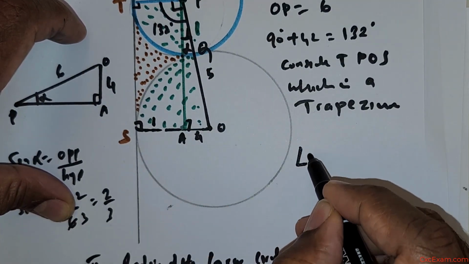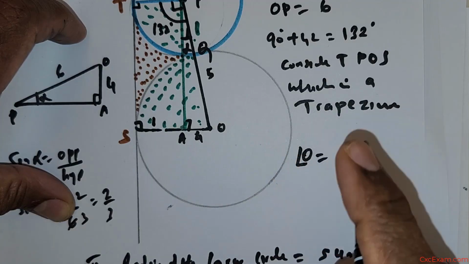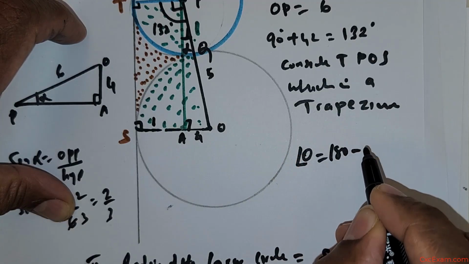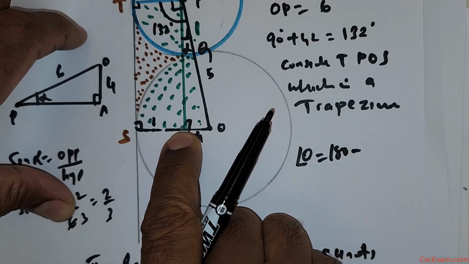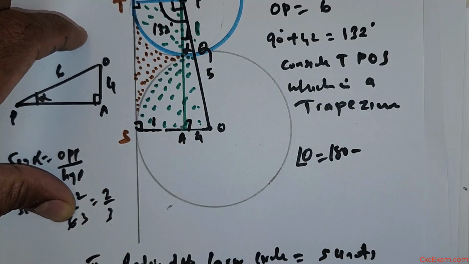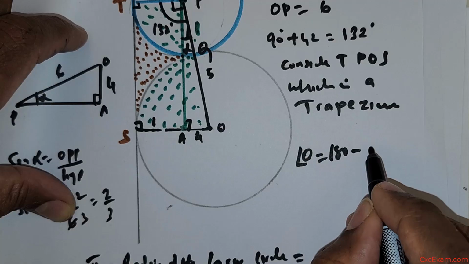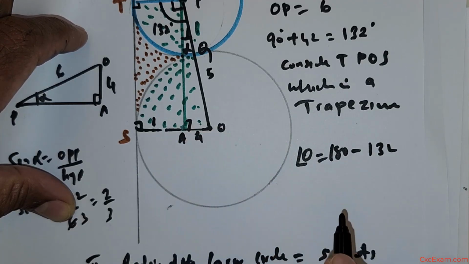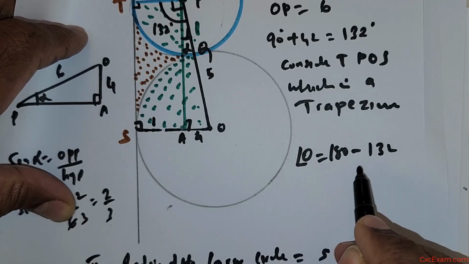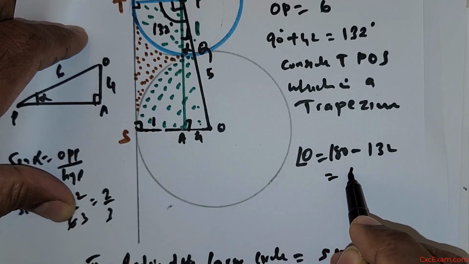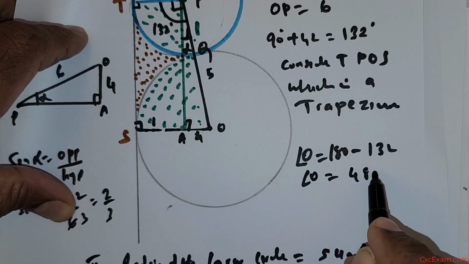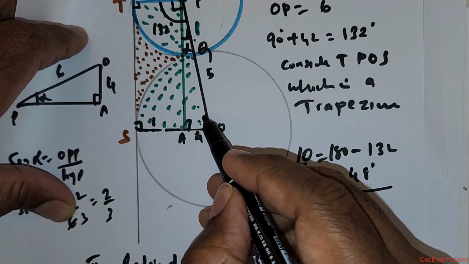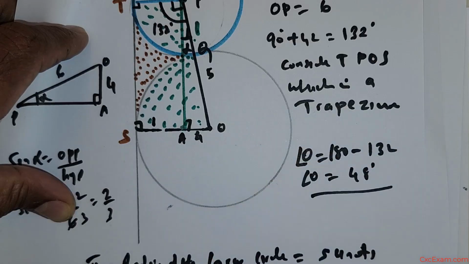So angle at O is from 180 we subtract 90 plus alpha. 90 plus alpha is actually 42, so we subtract 132 to get this angle. So that would give me 48 degrees, right? Angle at O is 48 degrees.